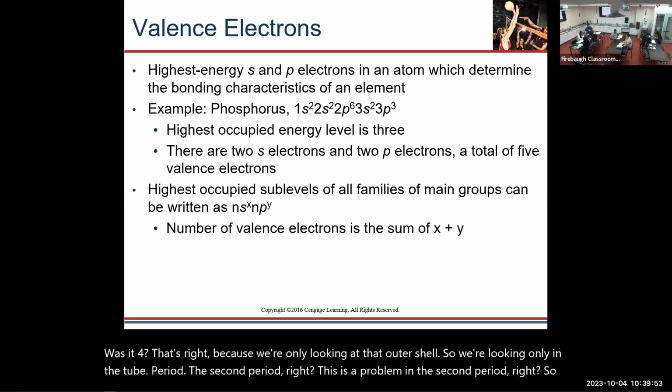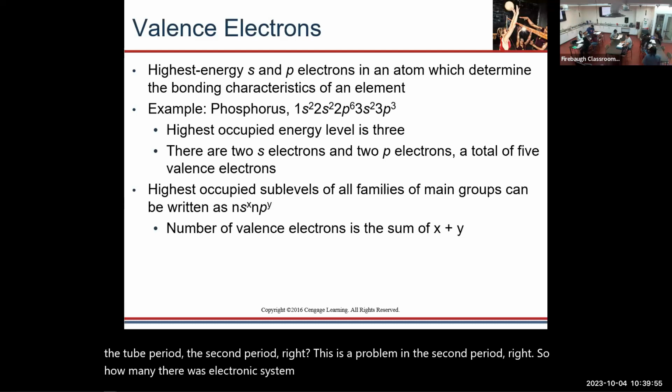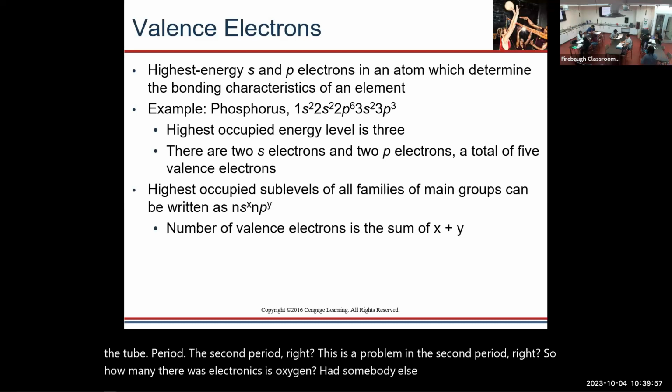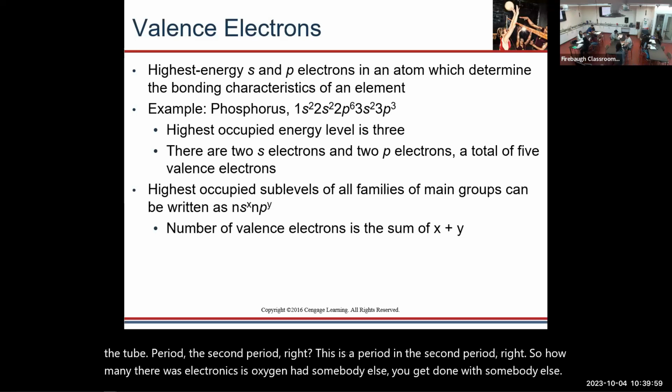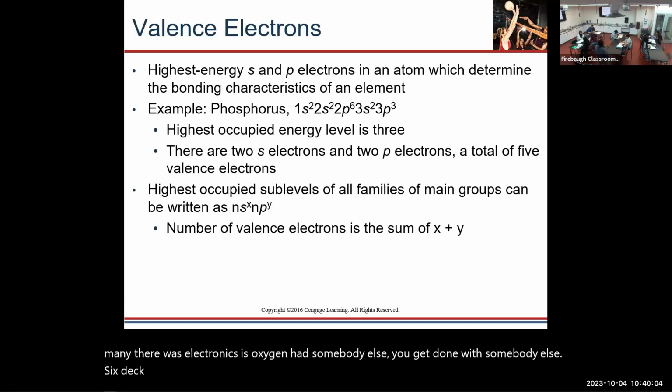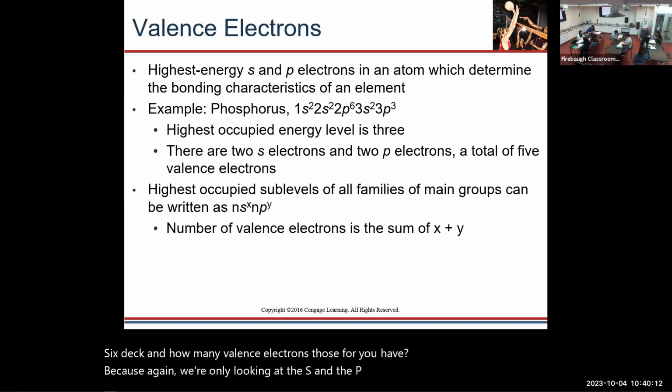So how many valence electrons does oxygen have? Well, somebody else, you can't tell me, somebody else. 6, okay? And how many valence electrons does chlorine have? Again, we're only looking at the s and the p, and that last shell that it's in.